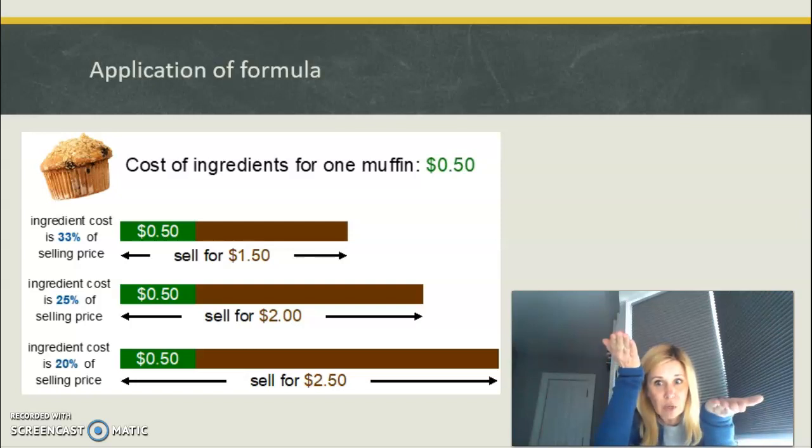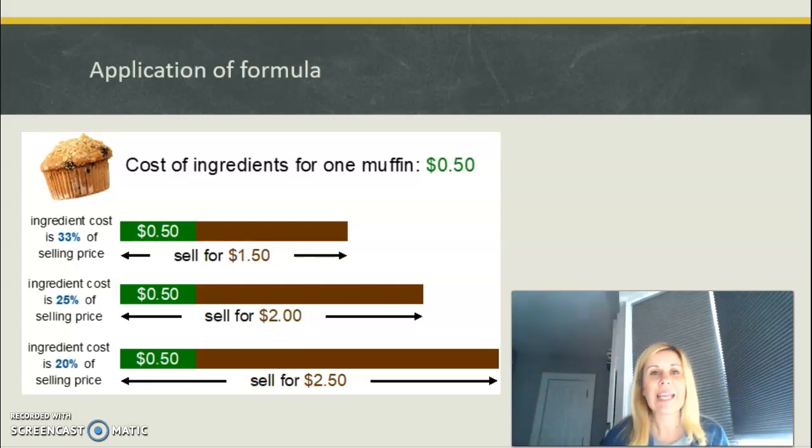What happened to my food cost percentage? It went down. Let's take the seesaw a little bit higher. Now we raise the selling price to $2.50. What happened to my food cost percent? It dropped to 20%. So selling price and food cost percent will have opposite reactions on one another. As selling price goes up, food cost percentage will go down. And if you lower a selling price, then you're going to raise that item's food cost percentage.